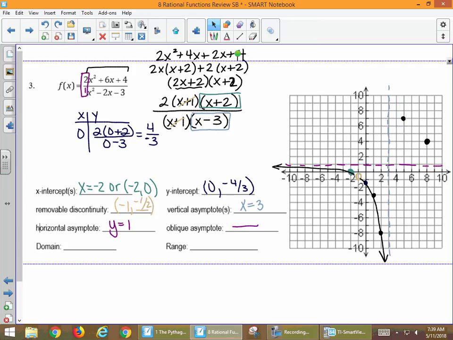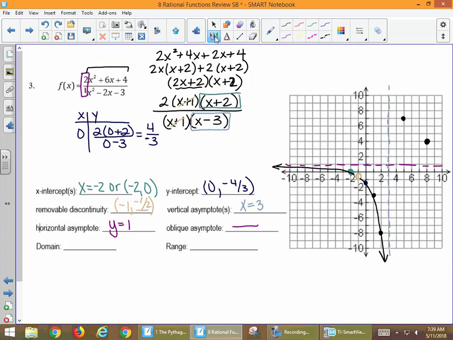So what I'm going to ask for when you're graphing is two points on each side of your asymptote, at least. Usually your x-intercept and your y-intercept are at least 2 of those. So if you graph at least 4 points, I think you'll get a nice curve in addition to everything. Okay, your domain here. Again, for the domain, we're going to exclude vertical asymptotes and x values of our removable discontinuity.